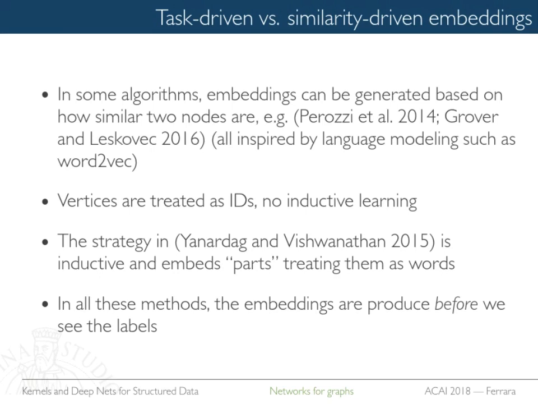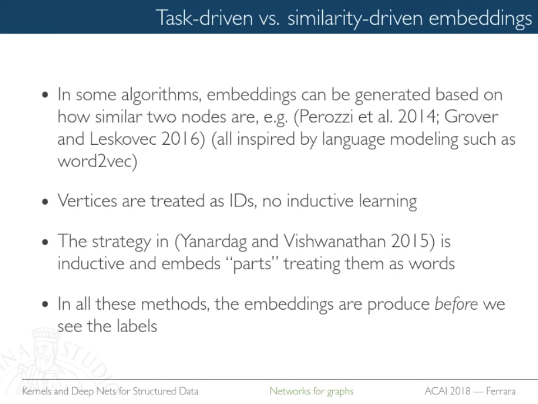There is one paper, the title, I think, is Deep Graph Kernels, where they mix up the strategies and they actually come up with an inductive algorithm, okay? They still use this idea of word-to-vec, of embedding the parts, in a sense, and treating them as words.